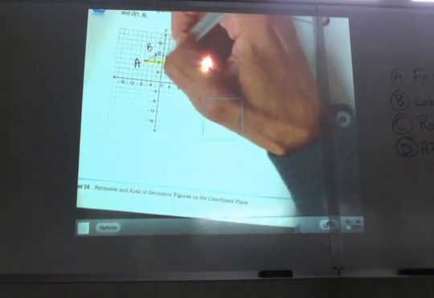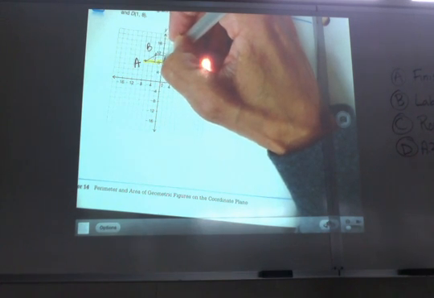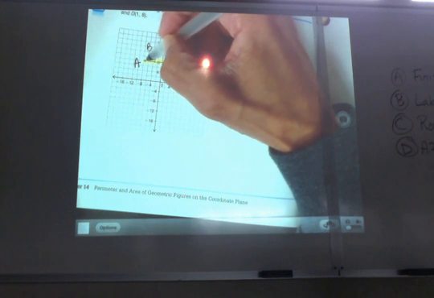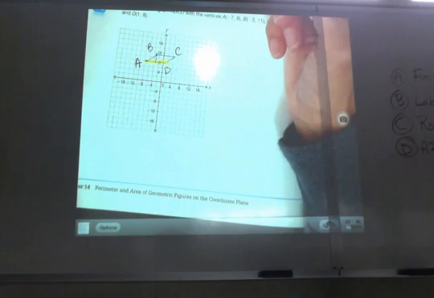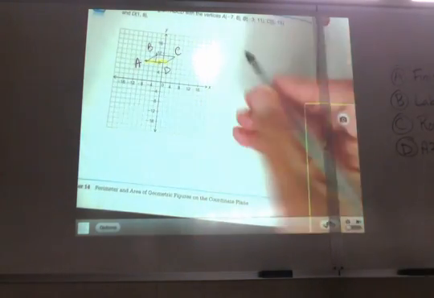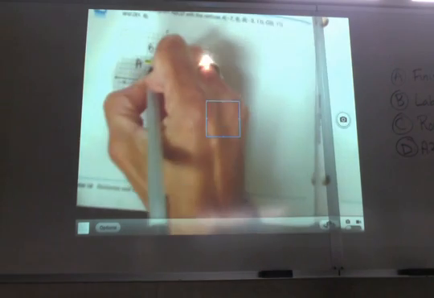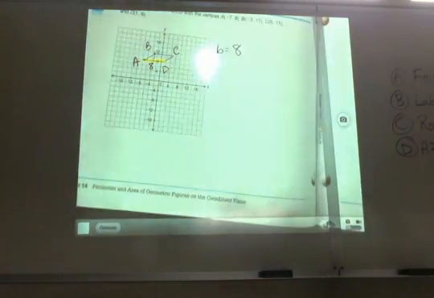Let's see what we have. We have 1, 2, 3 whole boxes, and then half a box on this side and half a box on that side. So 4 whole boxes. Every box is 2, so we have 8. The base equals 8.